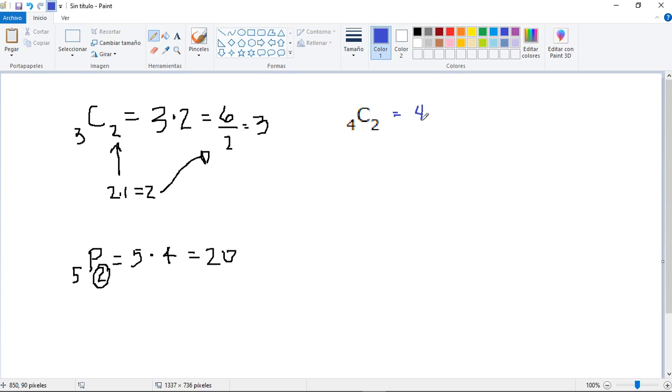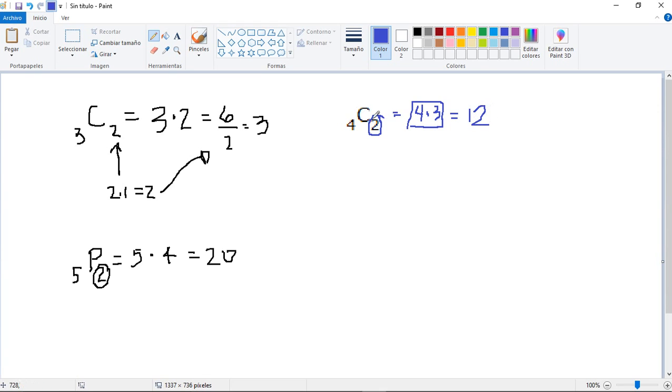Okay, and I am going to type it 4 times 3 times 2 times 1. But remember, it is telling me that we need to use only the first two numbers. So only these two numbers we are going to use. We are not going to use the rest. Okay, so I am going to delete them. I am going to use only this one. So this is the permutation, which equals 12.